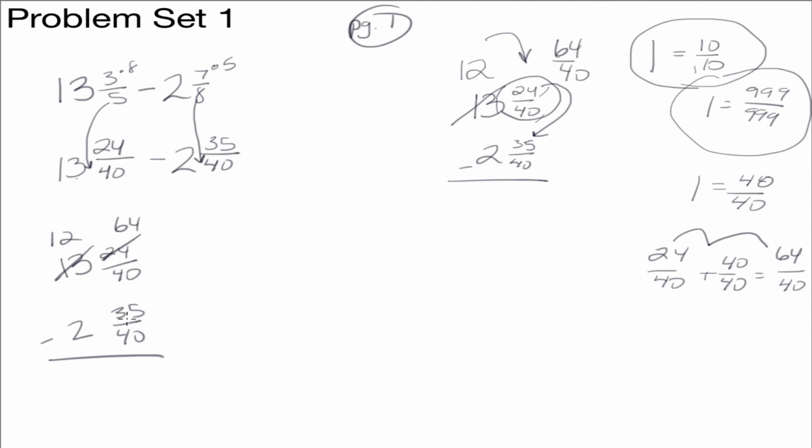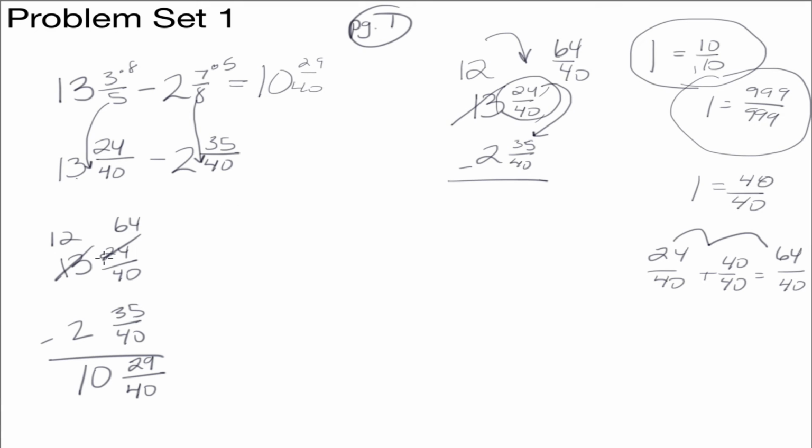Now we can subtract. 40 is our denominator. 64 minus 35 is 29. 12 minus 2 is 10. So 13 and 3/5 minus 2 and 7/8 is 10 and 29 over 40.